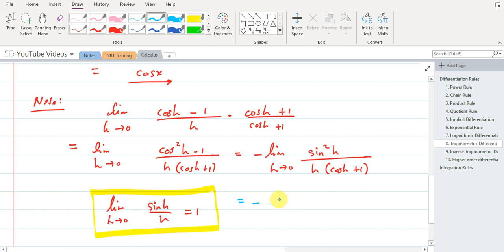So that's negative limit as h approaches 0 of sine h over h, right, times limit as h approaches 0 of sine h all over cos h plus 1. Yes.